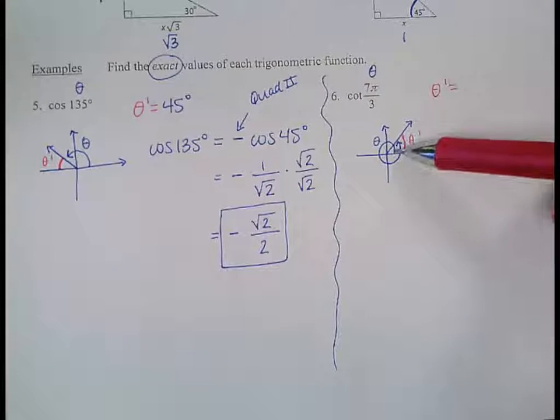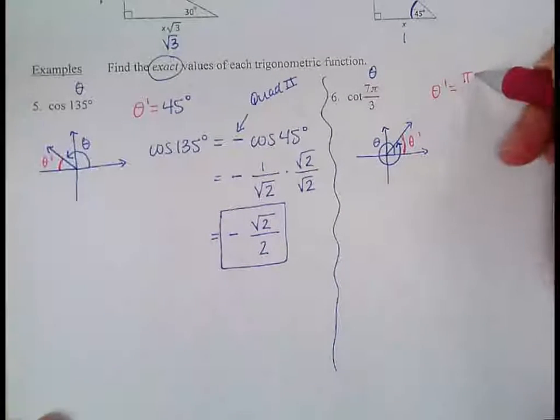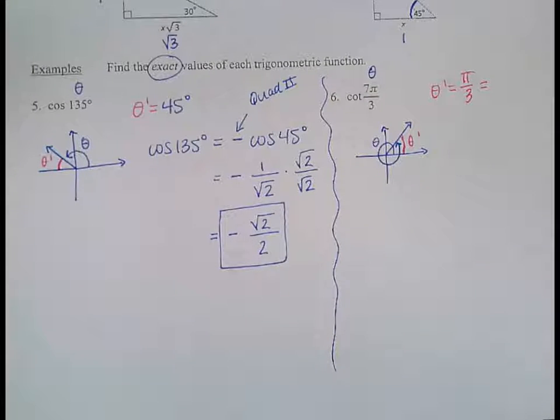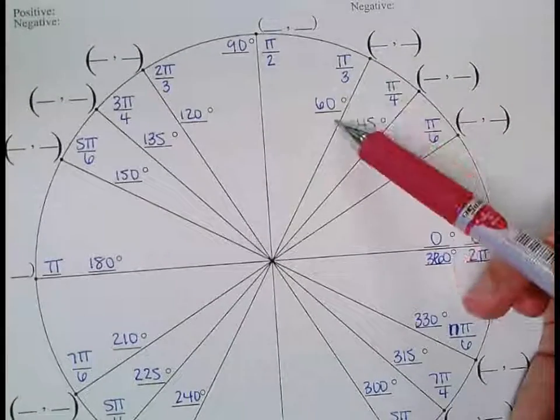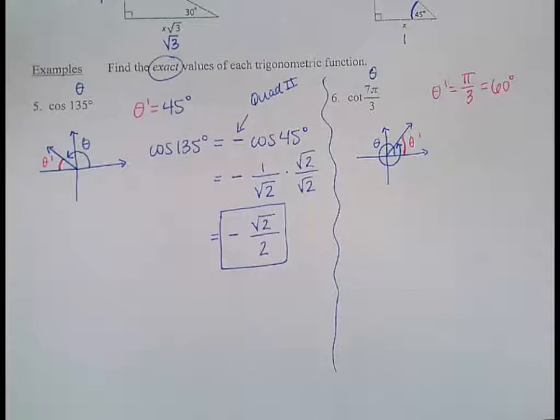So a way to think of this: because we went all the way around once, we had to go an additional pi thirds to draw this angle. So theta prime is pi thirds. It is okay, though, if you switch that to degrees, and you can use your unit circle to do that. If you look at your unit circle, pi thirds is at 60 degrees. So the reference angle is 60.